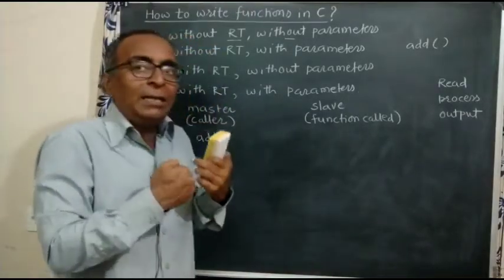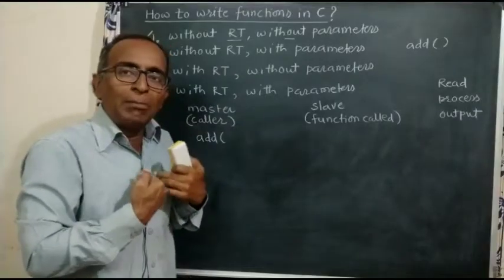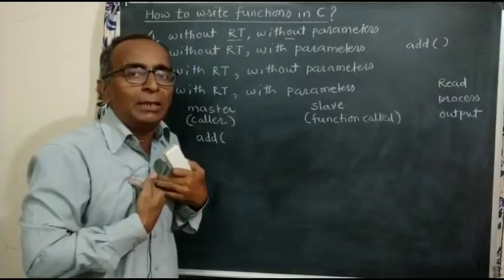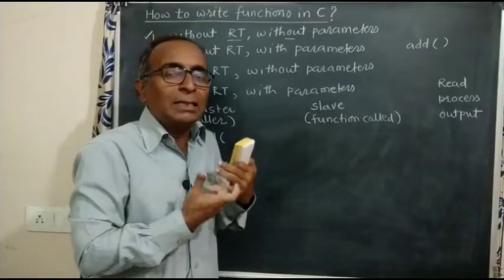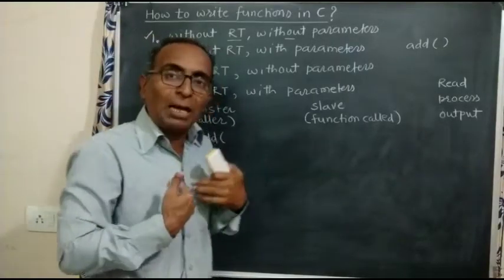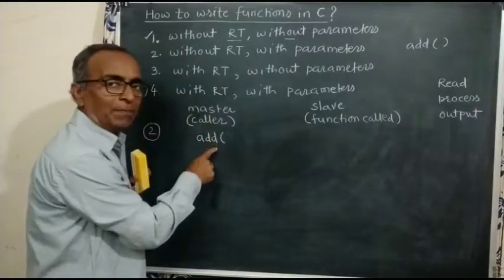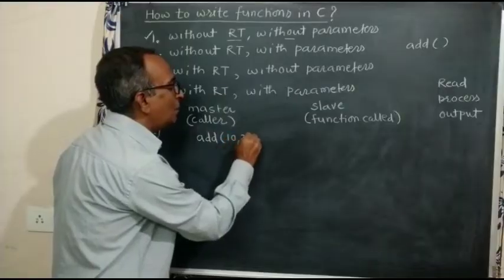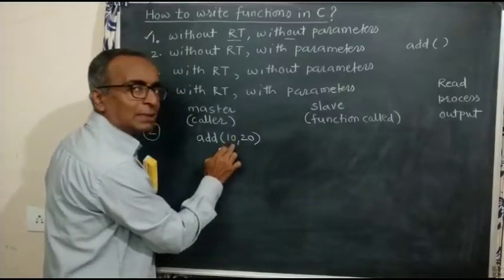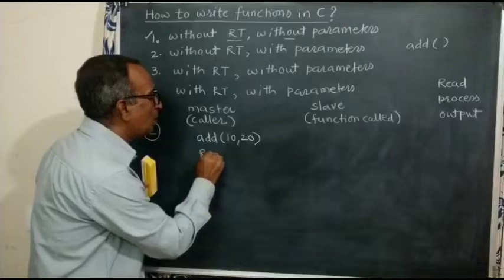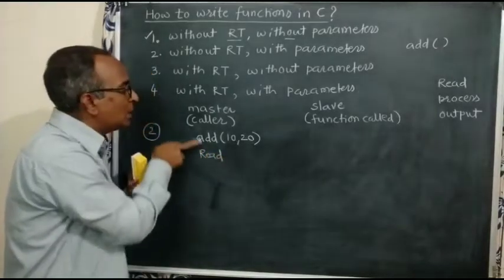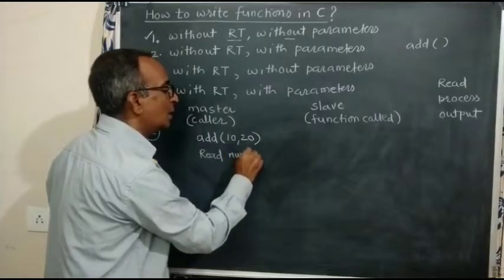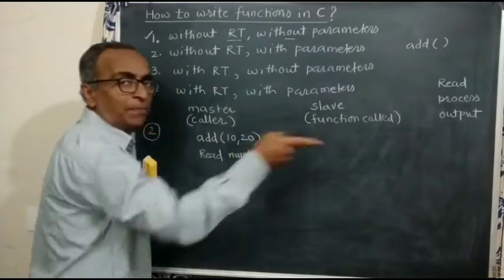Now 10, 20, whatever I am giving, I am main, I am master. So who is reading these numbers 10 and 20? I am reading. That is, the master is reading. Master sending this 10 and 20 means the reading business, the reading of two numbers, will be done by the master because he is sending.